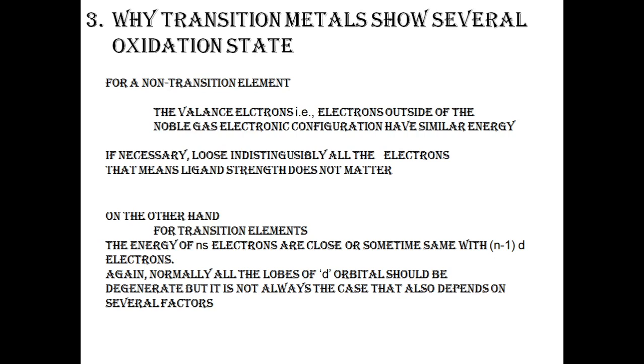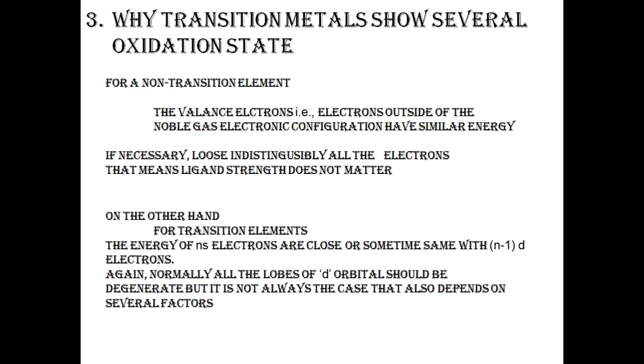But for a transition element, in the valence level you have ns electrons as well as n-1 d electrons. Since the principal quantum number itself is different, you can expect some sort of energy gap between ns and n-1 d. Whenever you see an energy gap, there is a possibility for the oxidant to get the electron selectively from ns or from n-1 d.